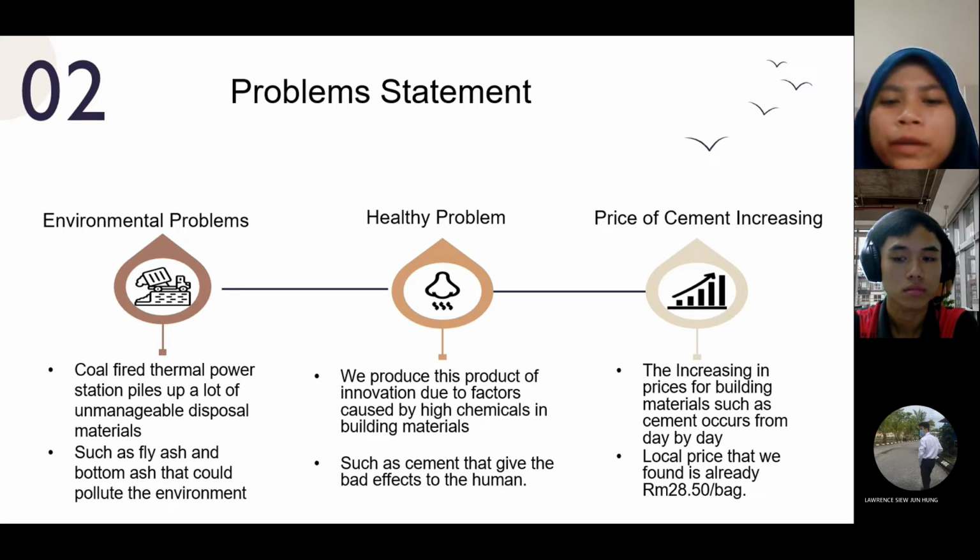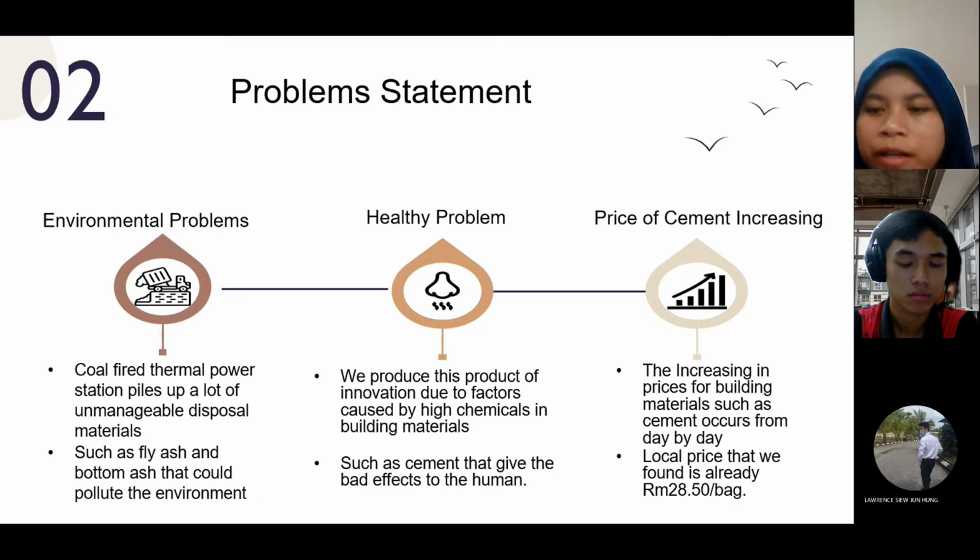For the health problem, we produce this innovation due to the high chemical content in building maintenance materials. And the third one is the increasing price of building materials such as cement, which occurs day by day.